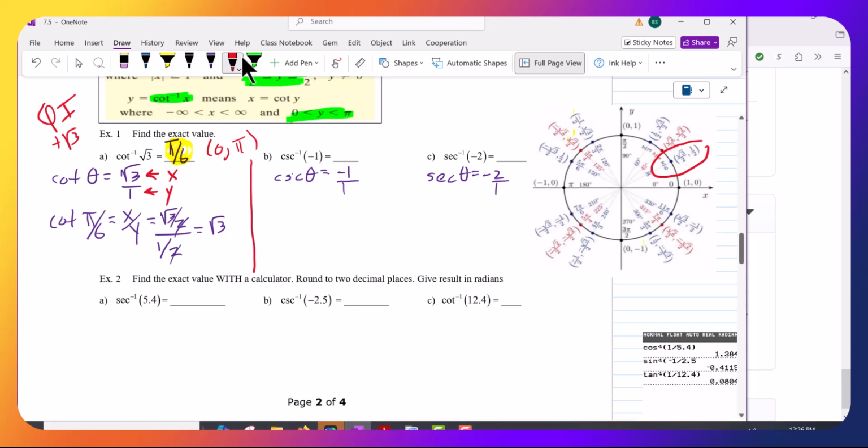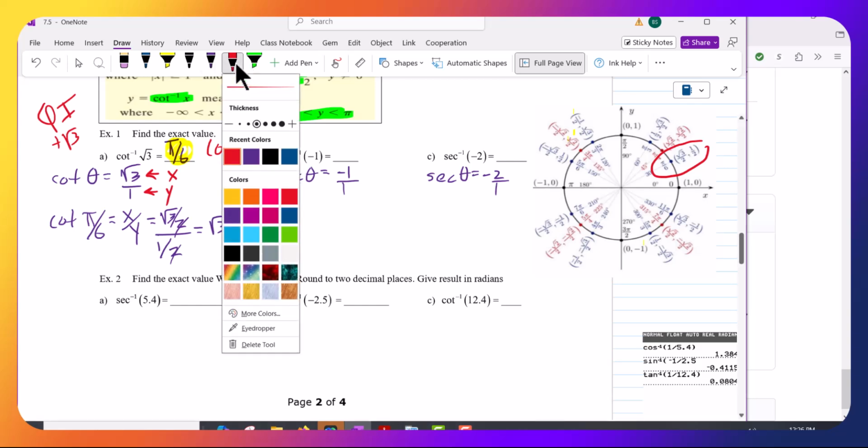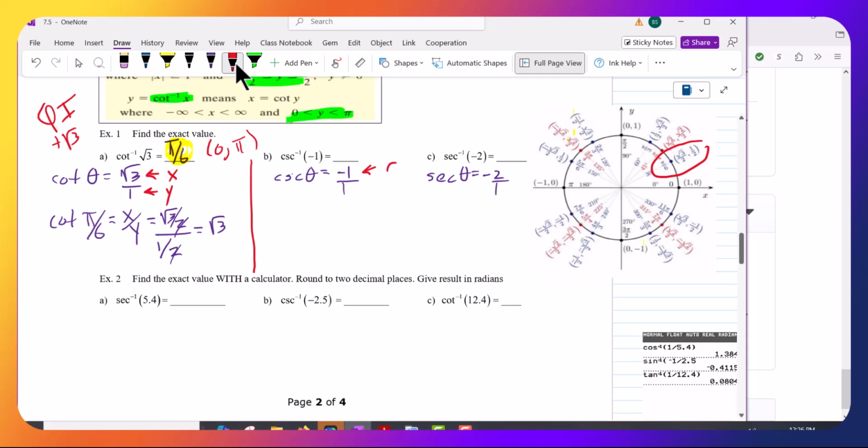The next thing is the inverse cosecant. Rewrite it as cosecant theta equals -1 over 1. The definition is r over y. Because we have a negative there, and r is always positive, you want to rewrite this as cosecant theta equals 1 over negative 1. So r is going to be 1 in a unit circle, and y is going to be negative 1.